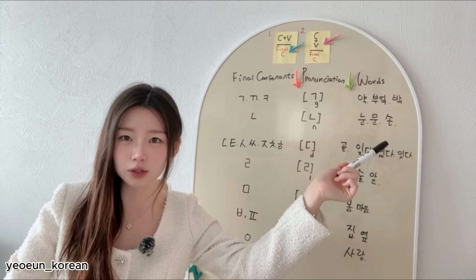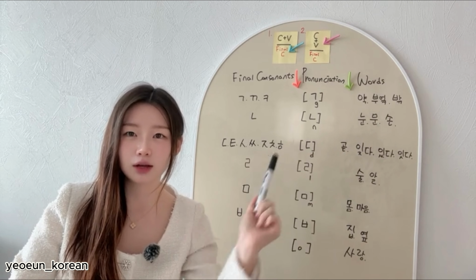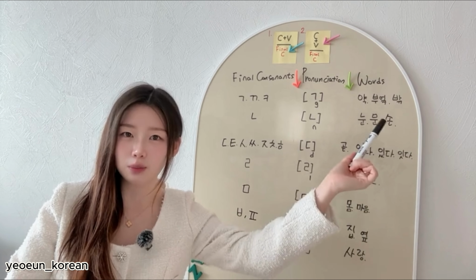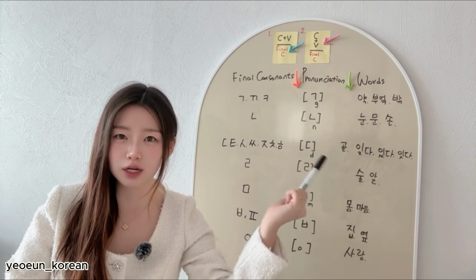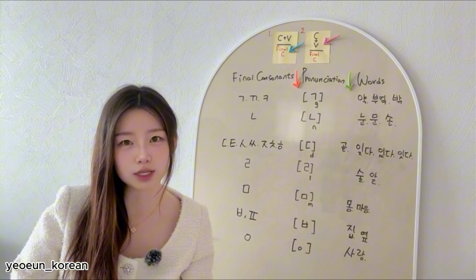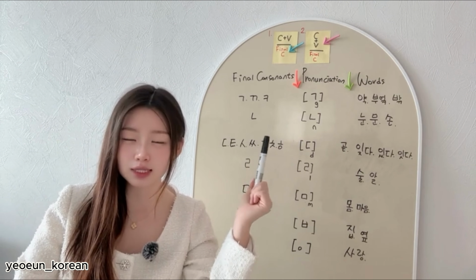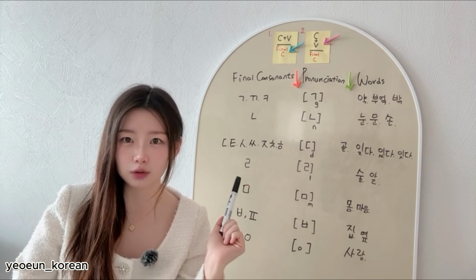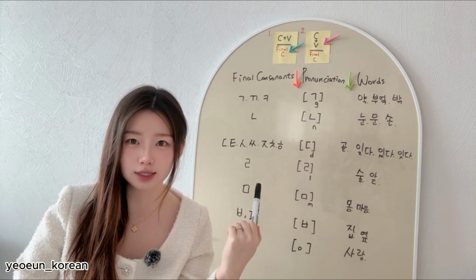And the last word we have here is 박, which means outdoor. So 박, 부엌, 약, all of these three are pronounced with a G sound. Did I say the meaning of 부엌? It means kitchen.